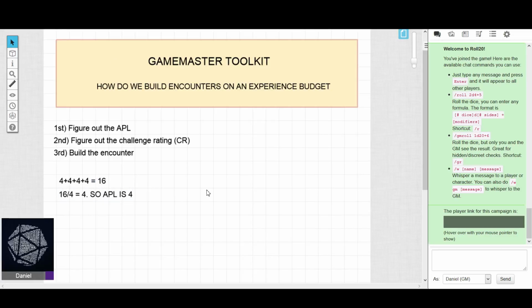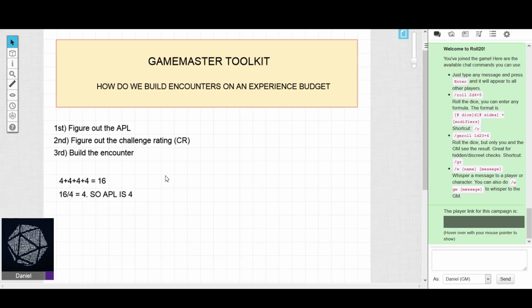So this is how we figure out the APL. You can do this also if you have a party with characters that are of different levels from each other. So you have a party of a level 3 rogue, a level 4 fighter, a level 5 wizard, and a level 6 ranger. Then it's 3 plus 4 plus 5 plus 6 divided by 4. So that's how you figure the APL out. That's the first step done with.